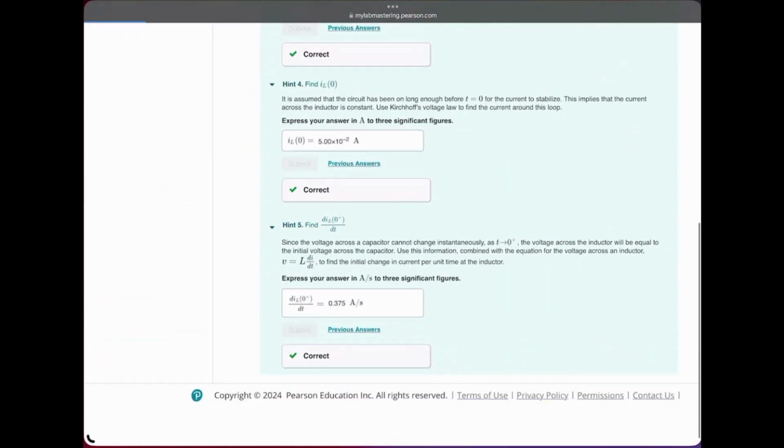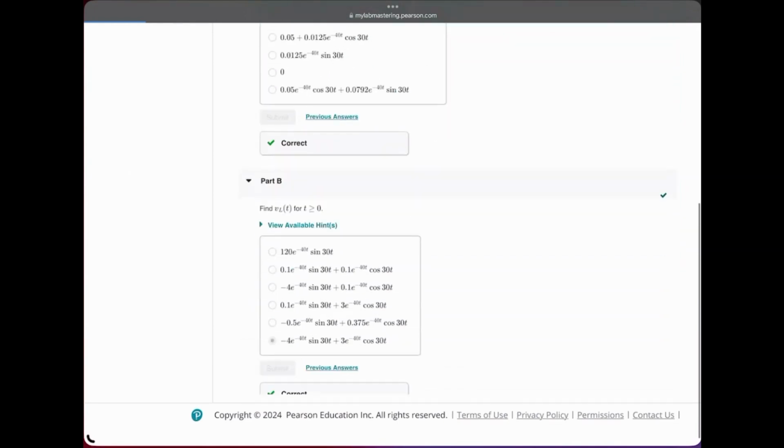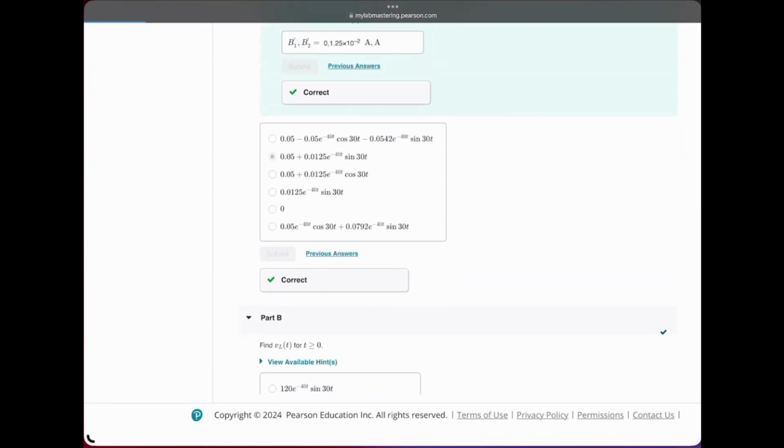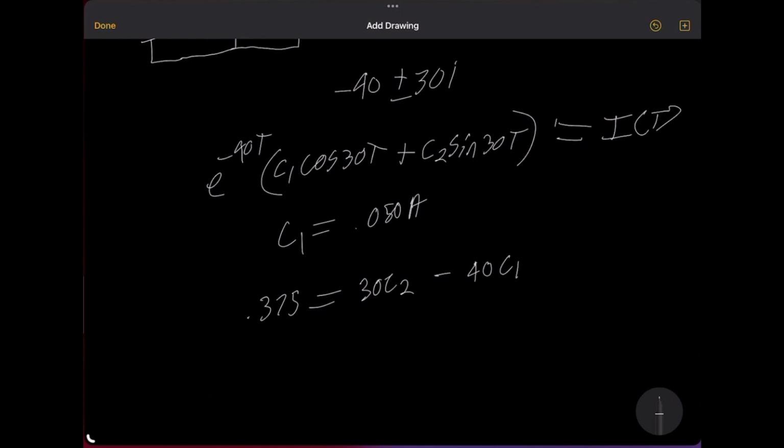And does that match our answer? Let me check really quick. No, it does not. Got 0.08. Okay, let me double check my work. 30 C2, right?